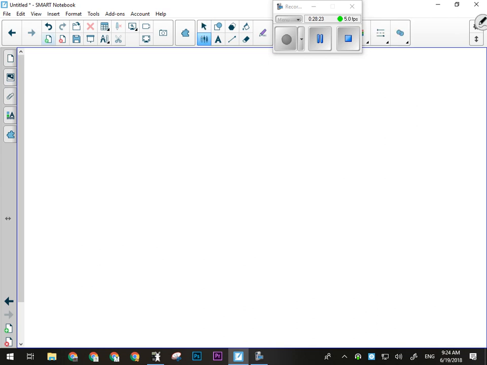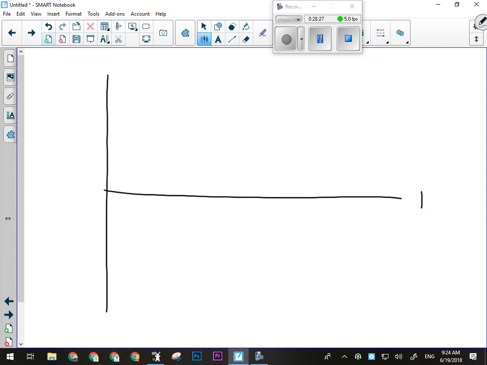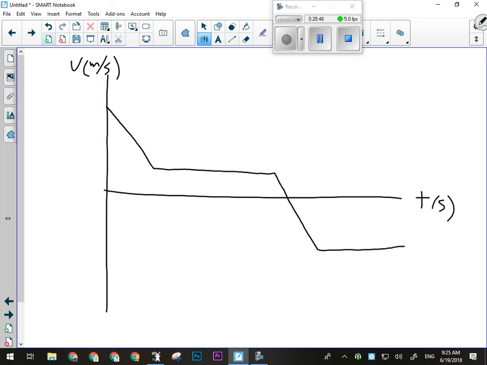All right, so back in kinematics. We've got time in seconds, and velocity in meters per second. We're given a velocity versus time graph that looks like this.